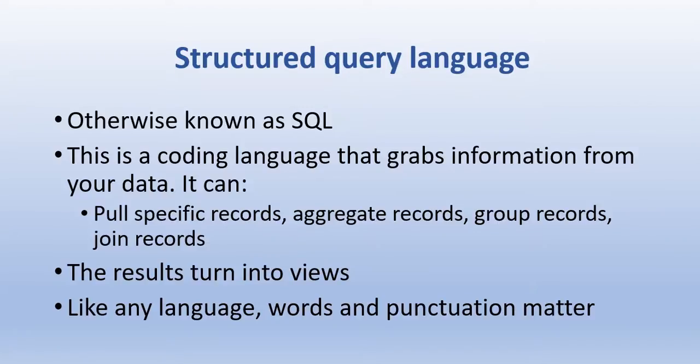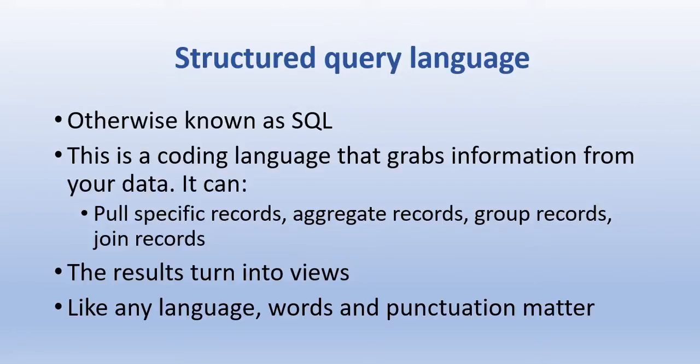And the results of your joins are called views, or a lot of times they're called queries. And these are the code that you write to find information in your data. But like any other language, words and punctuation matter in SQL. If you screw up a word or if you screw up a punctuation, you're going to get an error.